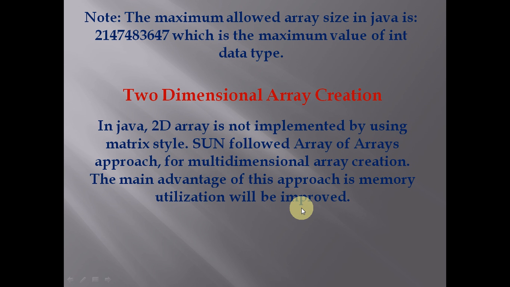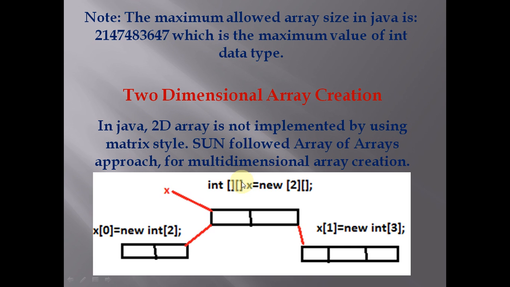Of course, there will be no loss of memory. Say if we had implemented the matrix style, then 2 into 3 would have meant 6, but we can see that we have used only 5 elements.